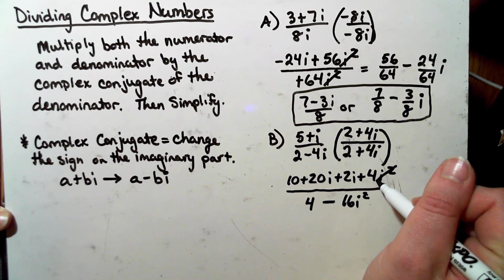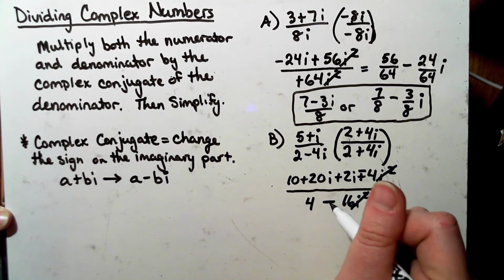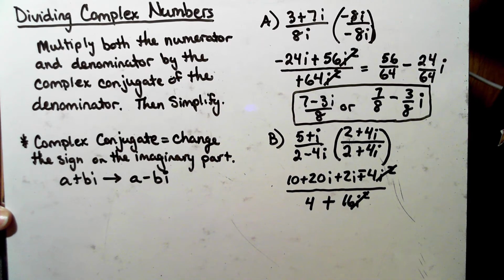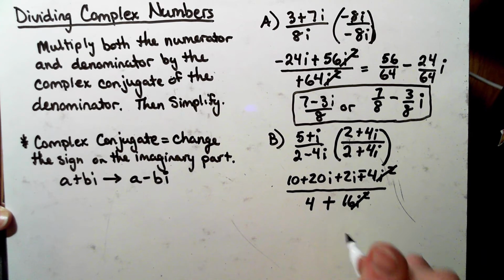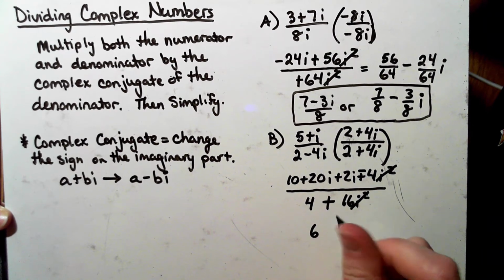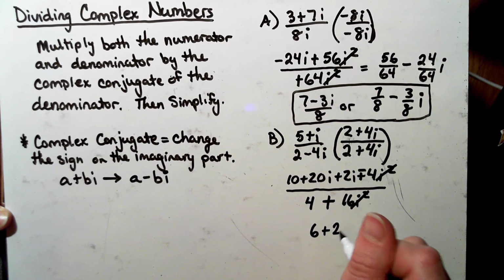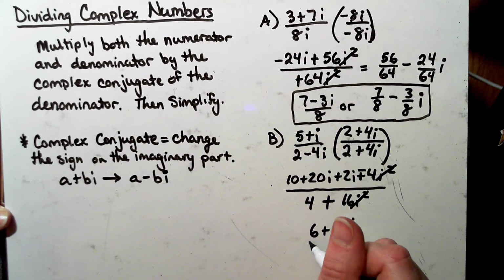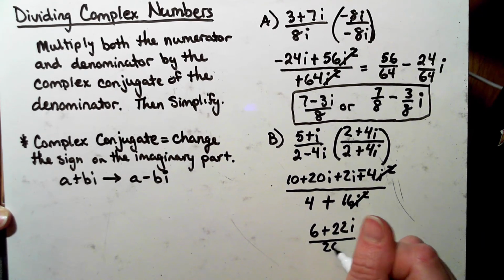So cross out the i squared and change the sign in front. Cross out the i squared and change the sign in front. So now for my real parts, I have 10 minus 4, which is 6, and 20 plus 2i is 22i. And 4 plus 16 in the denominator is 20.